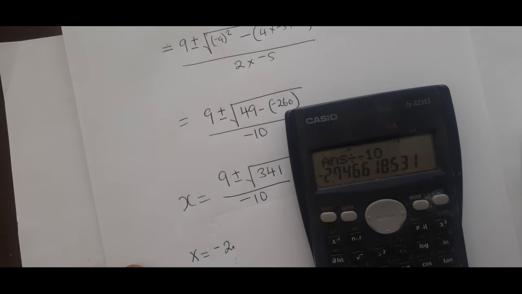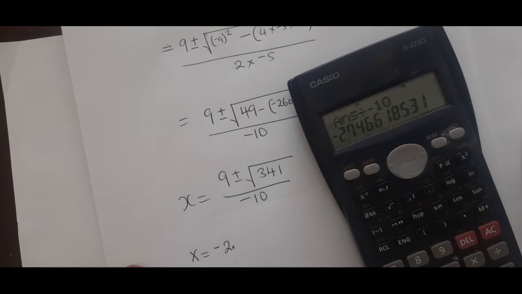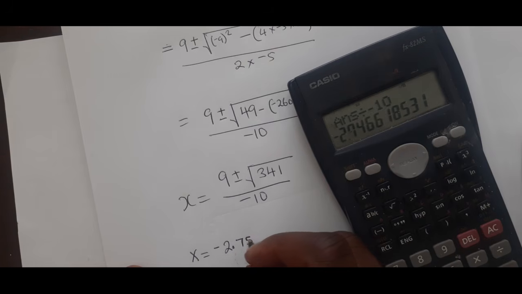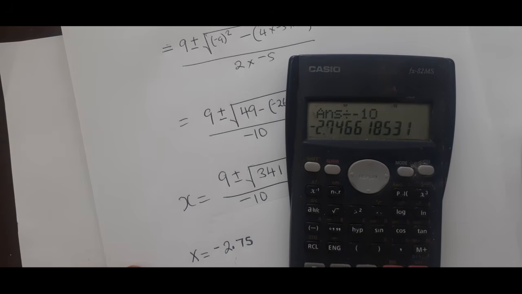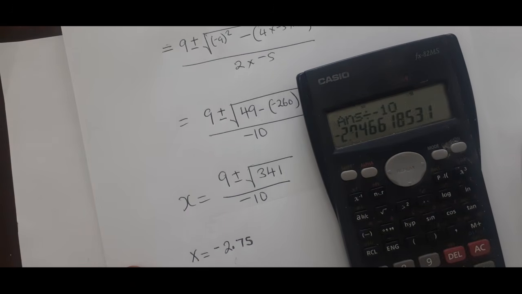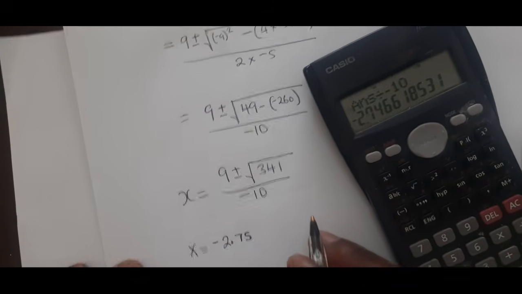Then the second part is where you write it to 2 decimal places, just in case you don't know how to correctly round off. So our answer will be negative 2 point, because we knock out the 6 here, so you add a 1 to the preceding number, because we said for 5 and numbers above 5. So this is one value of x.